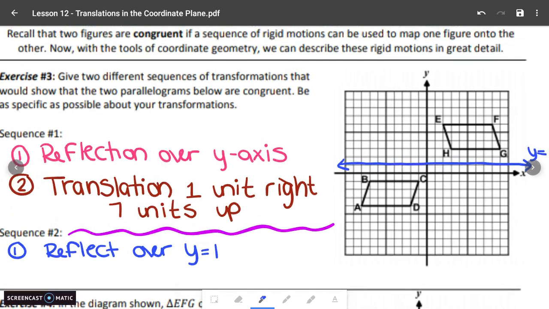And I'm going to reflect here now. So I'm counting up 2 for this B prime. C prime's up 2 and up 2. D prime is up 5. And A prime is up 5. Oops.